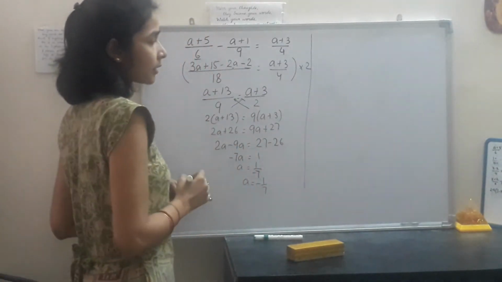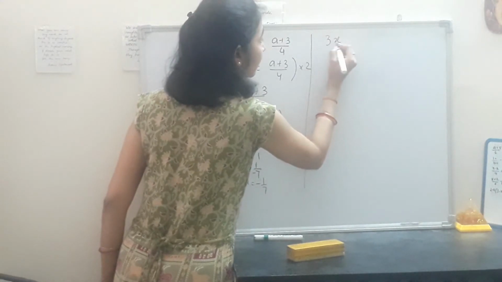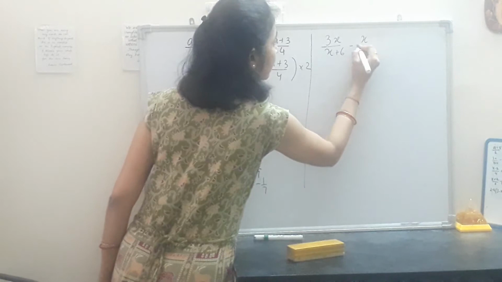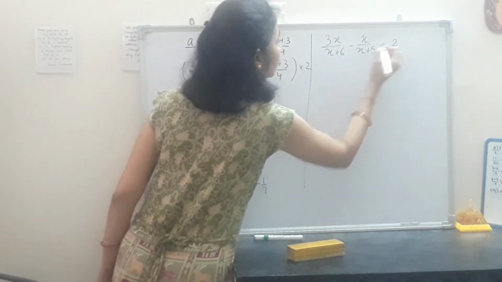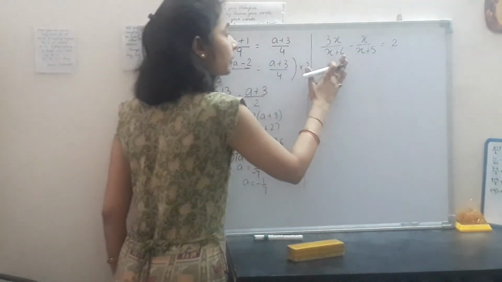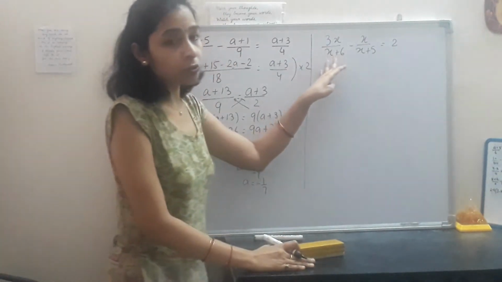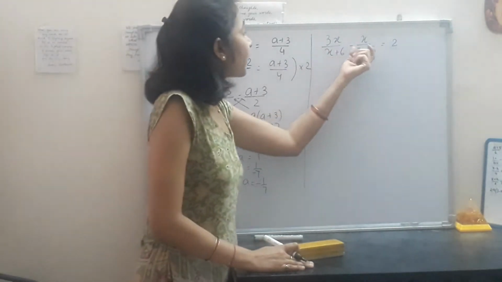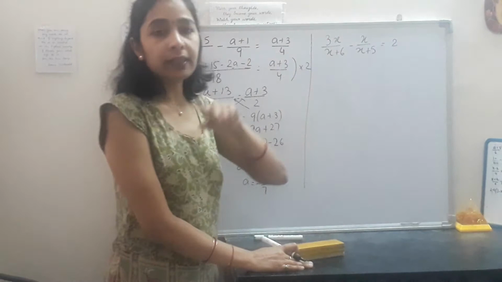Now let us take the second one. 3x upon (x plus 6) minus x upon (x plus 5) is equal to 2. This is a bit simpler in comparison to the first. Here in the denominator we do not have a monomial, we have binomials with two terms. You may say that if we multiply this term with that term, both have x and we will get x square.